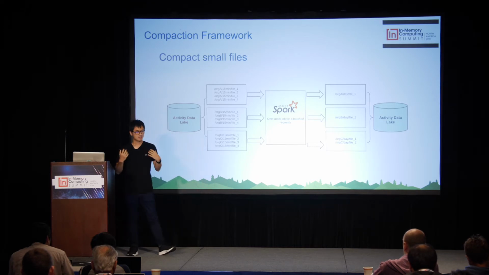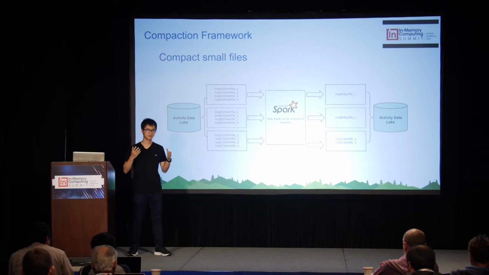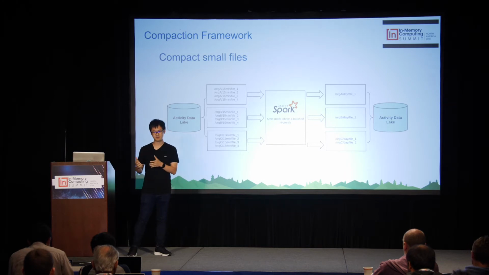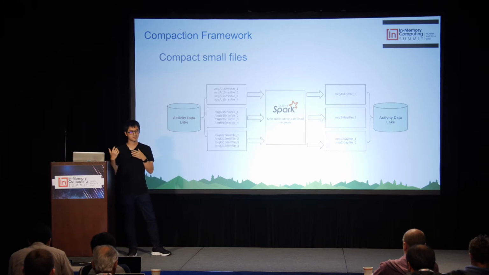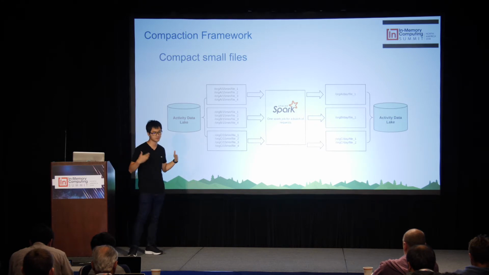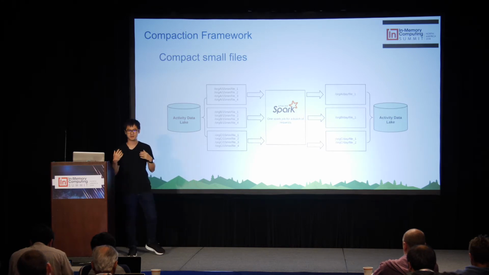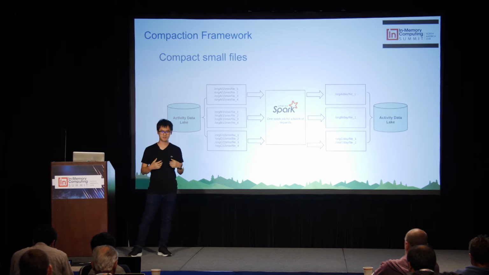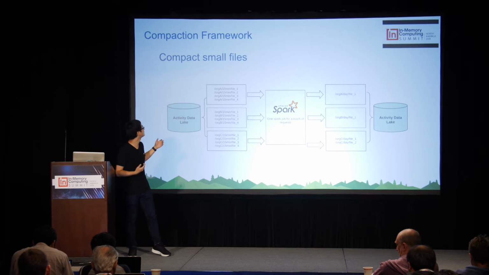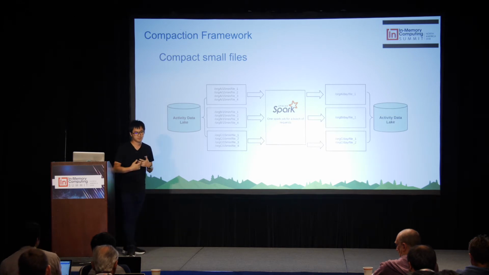But we can compact at one time, and as files keep accumulating, we want some smart way, some framework or scheduler, that can automatically run every day instead of us as developers manually kicking off the script every day. So we built our compaction job called Compaction Framework.